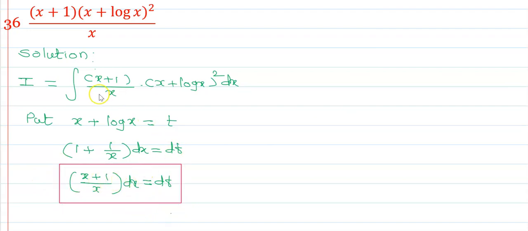Now substitute the value. Therefore, our integral I is equal to the integral of (x plus 1) upon x into dx, which is dt, and x plus log x is t, so it is t square into dt.